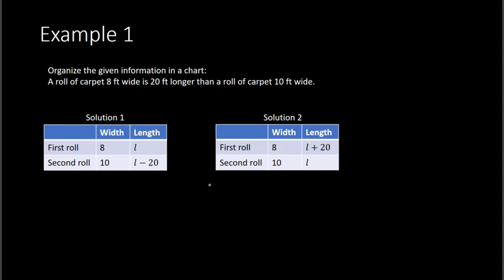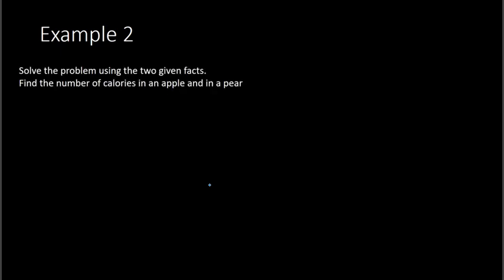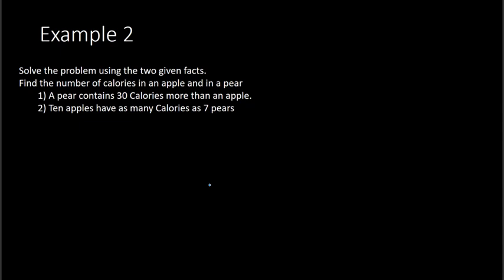Okay, here's an example where we have to now use the table to set up an equation and then to solve. So here, the information given is the number of calories in an apple and a pear. So a pear contains 30 calories more than an apple, and 10 apples have as many calories as 7 pears.